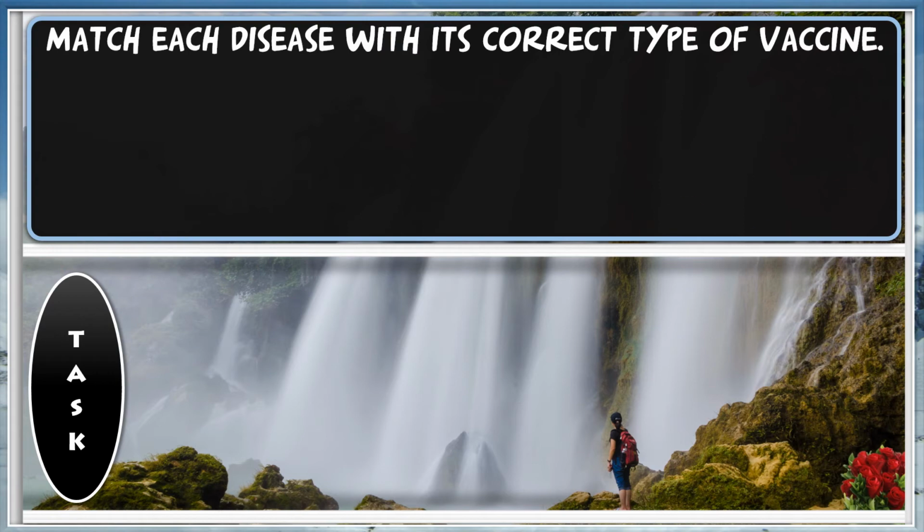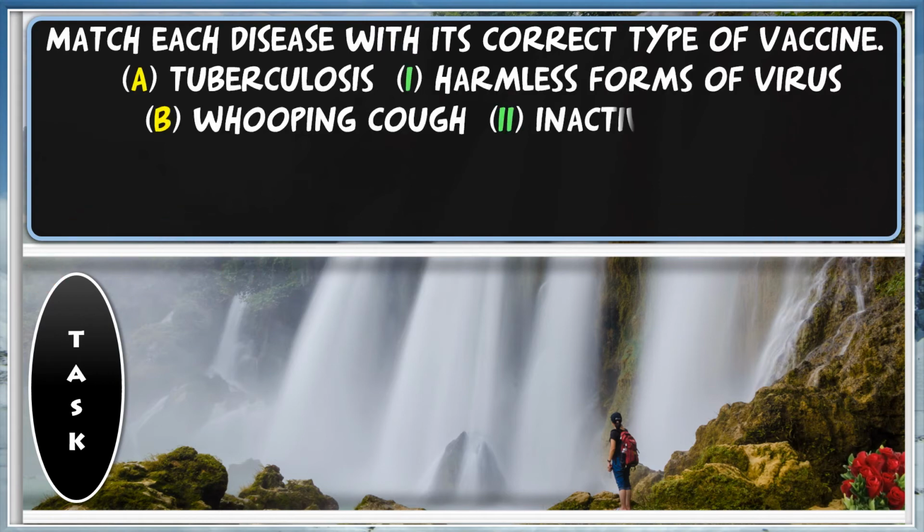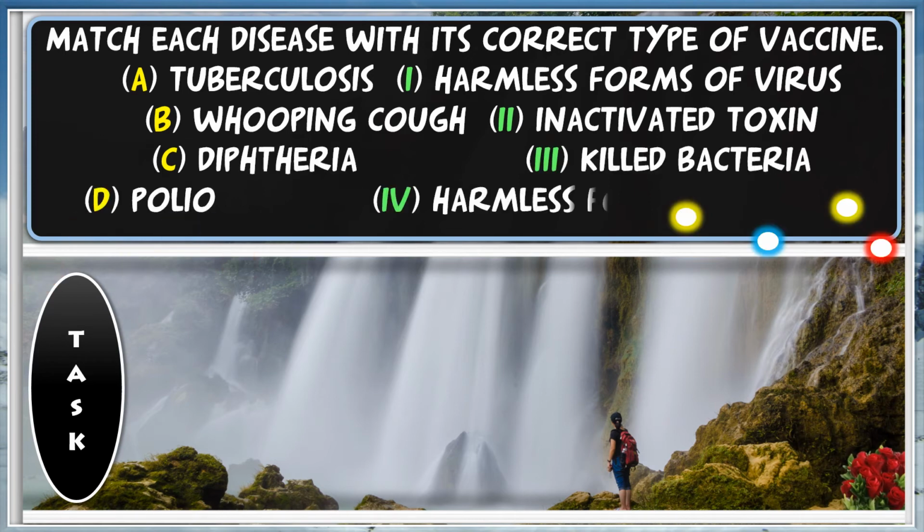Match each disease with the correct type of vaccine: tuberculosis, whooping cough, diphtheria, polio. Harmless form of virus, inactivated toxin, killed bacteria, harmless form of bacteria.